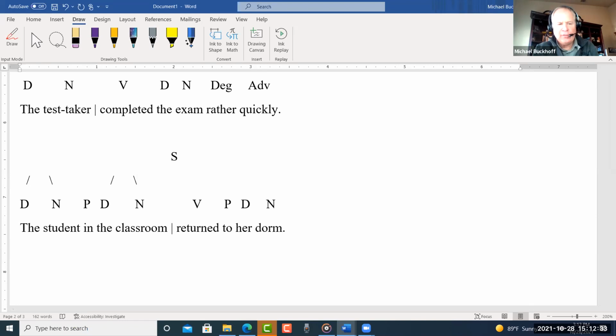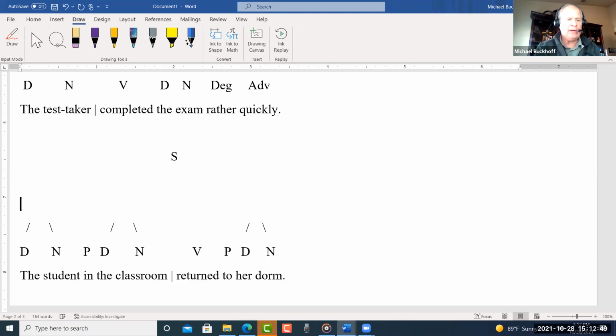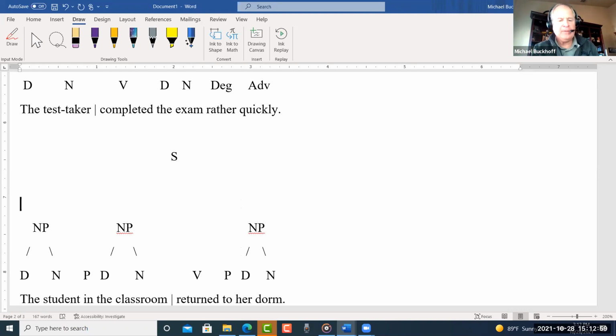And the third one? Her dorm. That's it. We got three of them here. When you get to this step, always look for the noun phrases. There's going to be at least one in the sentence, right? In this case, we have three. So we can do this, we can do that, and we can certainly do this right here. So now we have that.